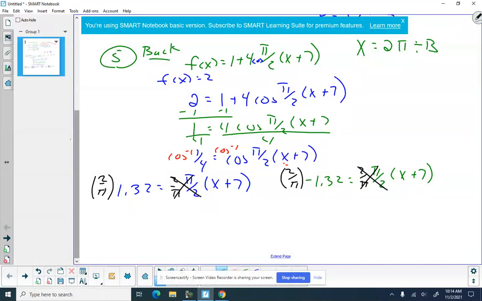So you take the 1.32 times 2 divided by pi, get your value, is equal to x plus 7. Then we come over here, we have just the negative of that.